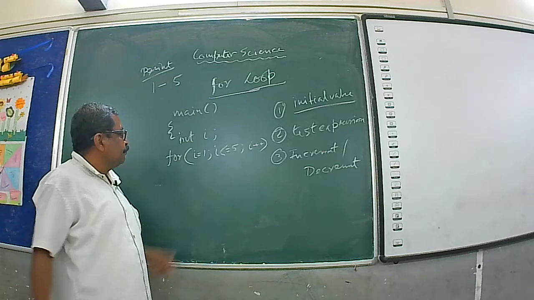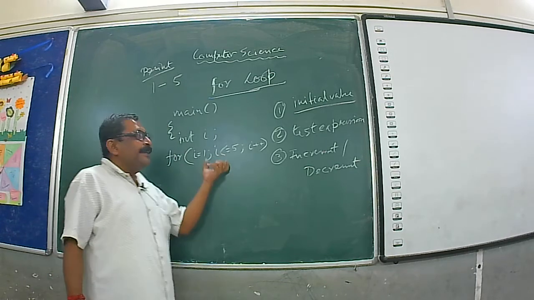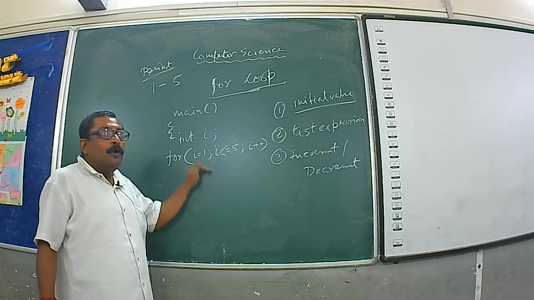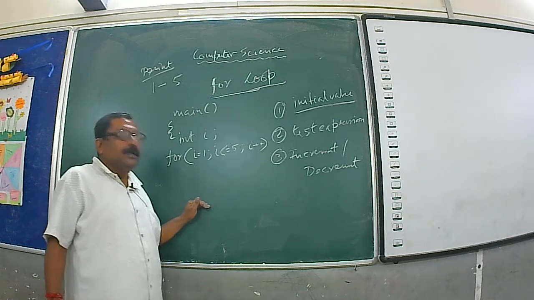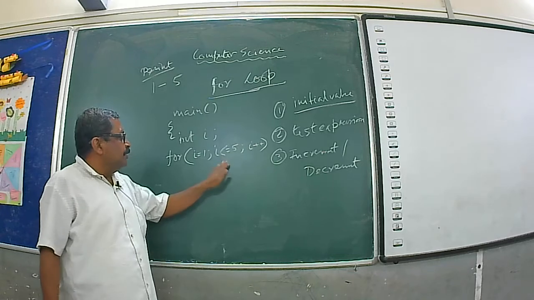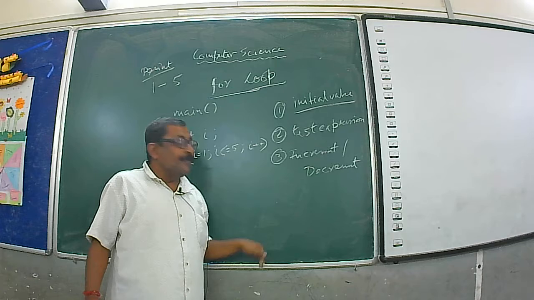Again I am repeating, the test expression is very important. When the test expression becomes true, the loop body will be executed. When the expression is false, then it will come out from the loop.